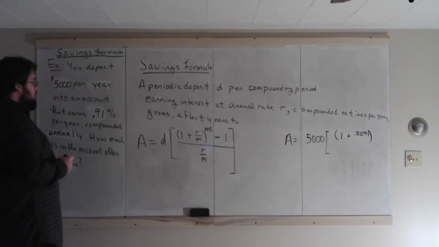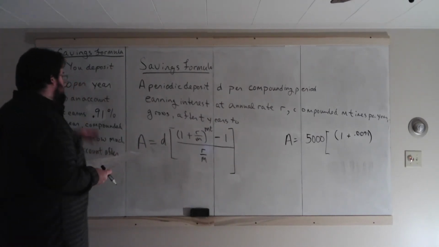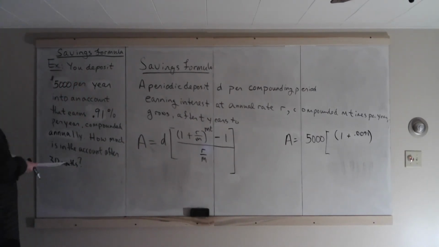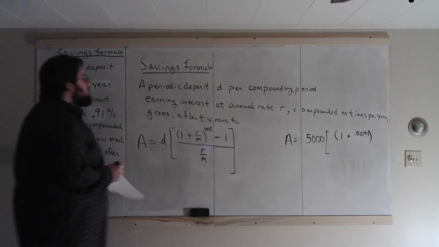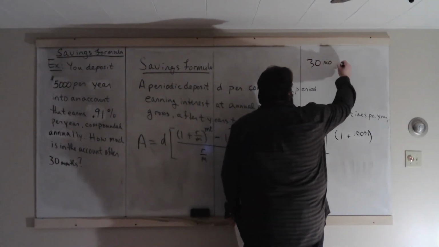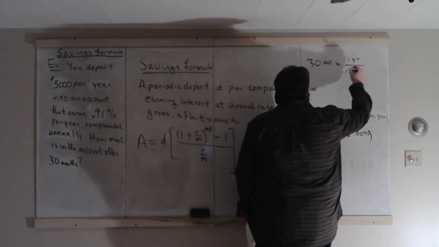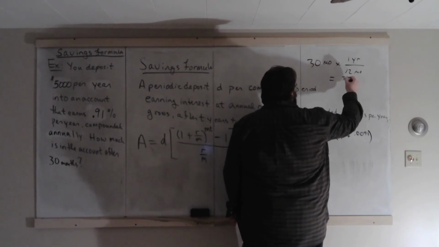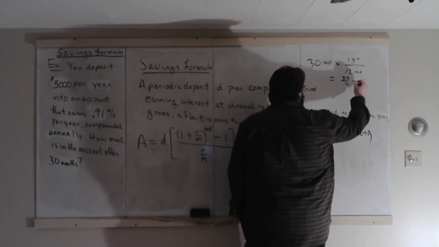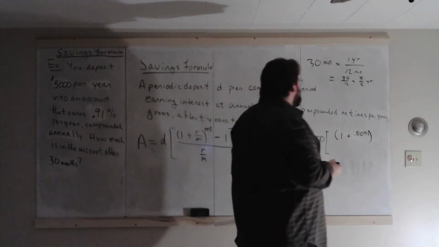M, again, is 1. What is T? Well, T is in years. This is 30 months. How many years is 30 months? Well, 30 months times 1 year over 12 months in a year gives you 30 over 12 years, which is 5 halves of a year.